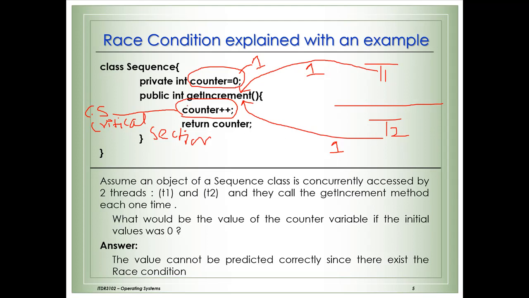Again this statement is executed, and the value of the counter increases by another one, so from 1 the value updates to 2. So initially it was 0, then when T1 calls this method the value goes from 0 to 1, and when T2 calls, the value goes from 1 to 2.